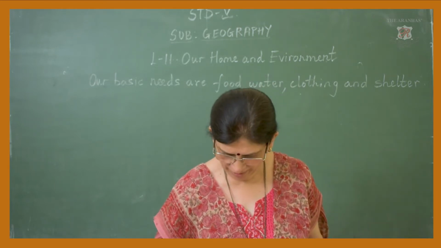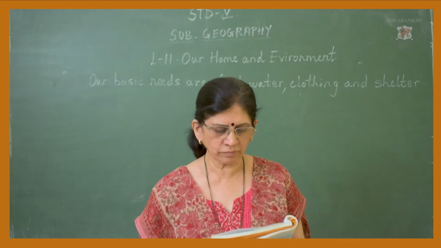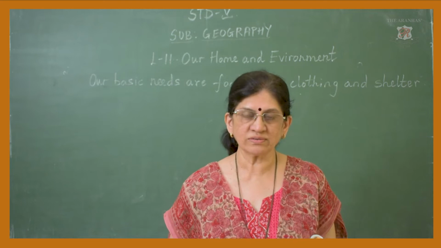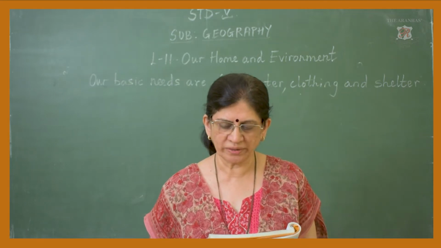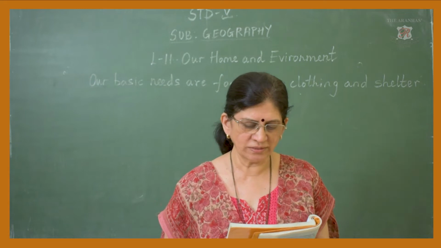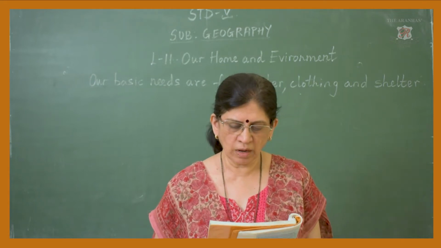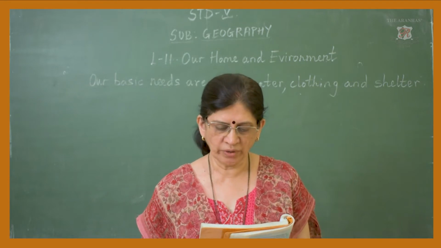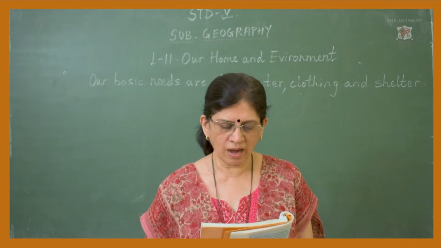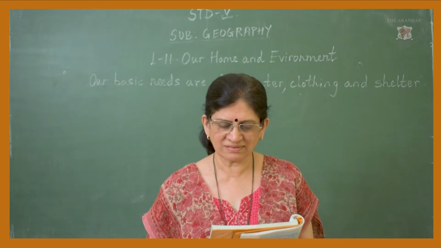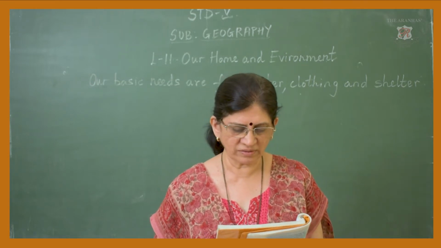Then let us compare A and B. Generally houses in villages are built using materials like bricks, roof tiles, tin sheets, etc. Houses in cities are built using materials like bricks, cement, iron, floor tiles, rubble, glass, sand, roof tiles, etc.